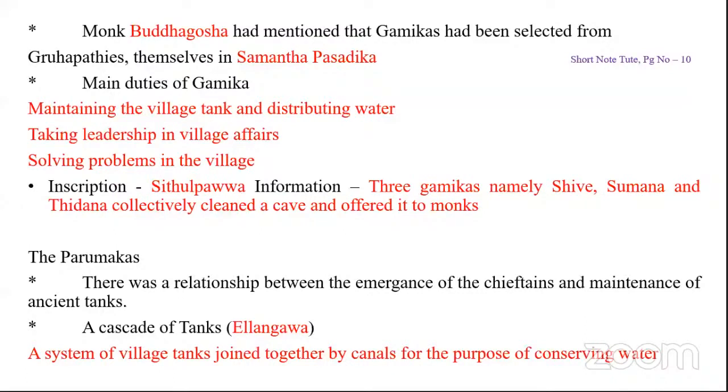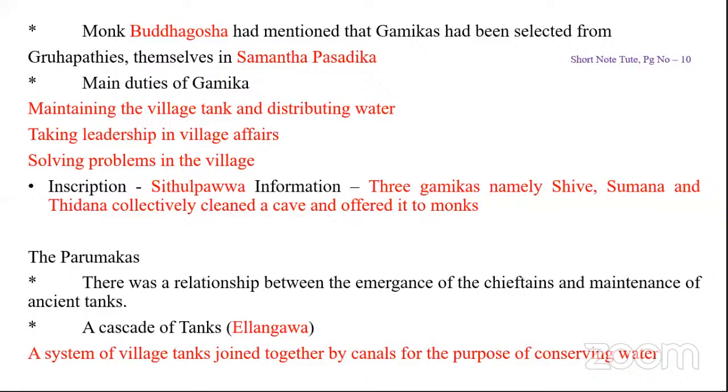Villagers with large tanks provided water for the villagers with small tanks. That's why they interconnected these tanks. So Cascade of tanks was the English name, and Ellangava was a system of village tanks interconnected through canals.